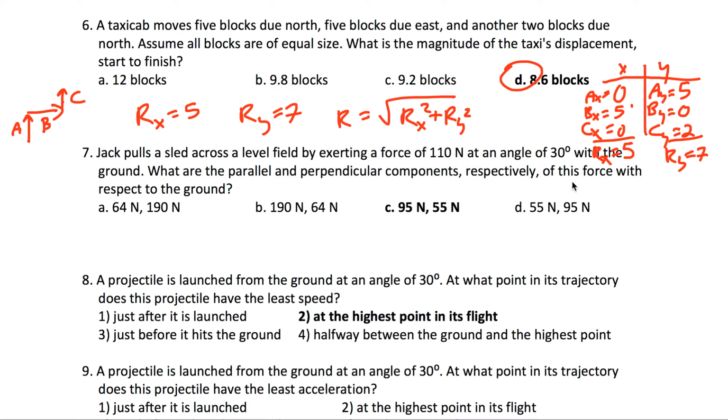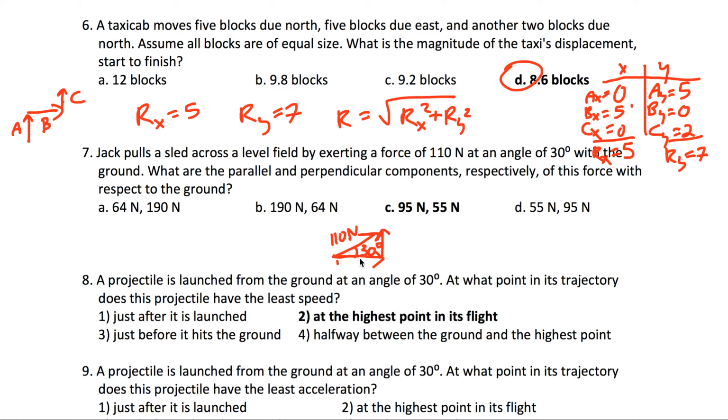Number 7, finding the components of a vector here. The vector has a magnitude of 110 newtons, and it's at an angle of 30 degrees. So the x component is down here, and the y component is up here.